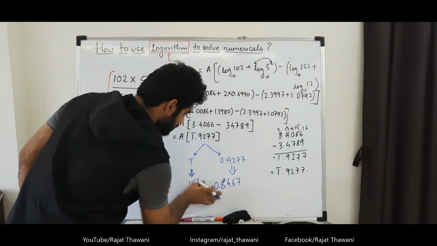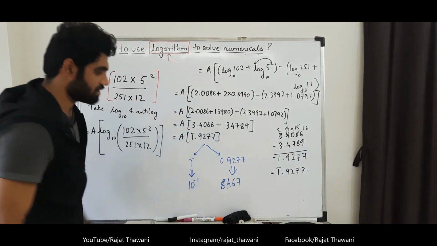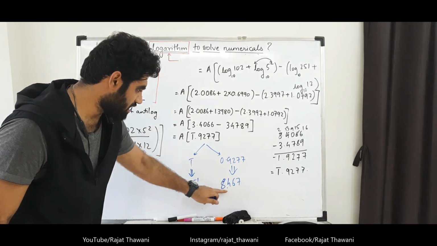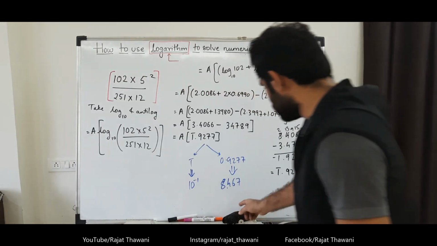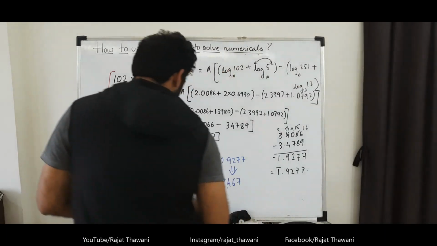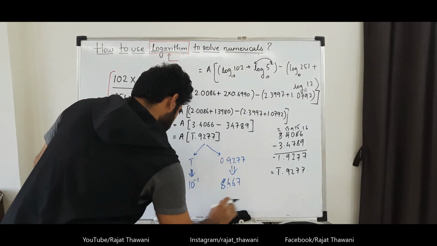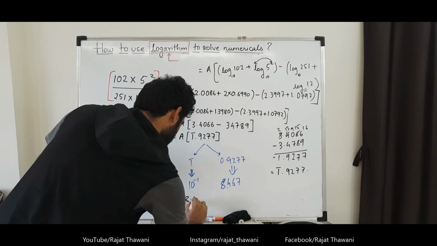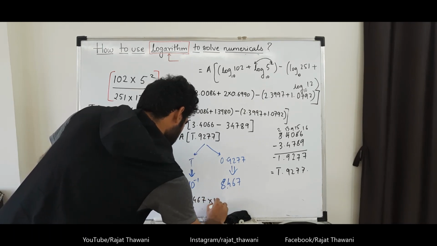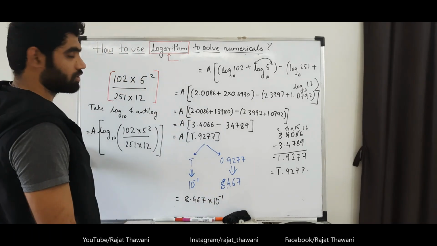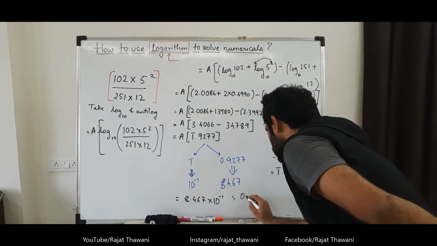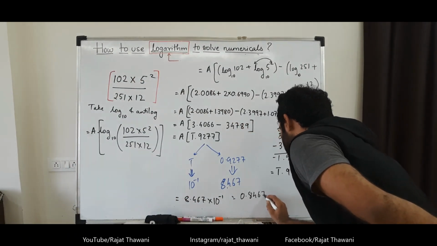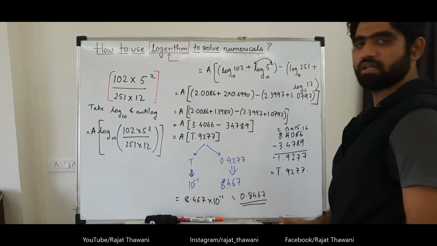As it is 0 point here already, it will be 8467 and the point will be here, as 0 plus 1 will be 1. So 8.467. The actual antilog will be equal to 8.467 multiplied by 10 raised to minus 1, that will be equal to 0.8467. This should be your answer.